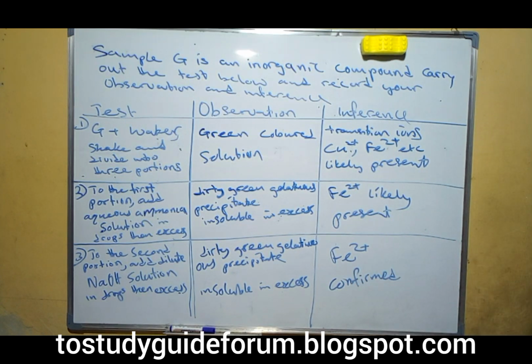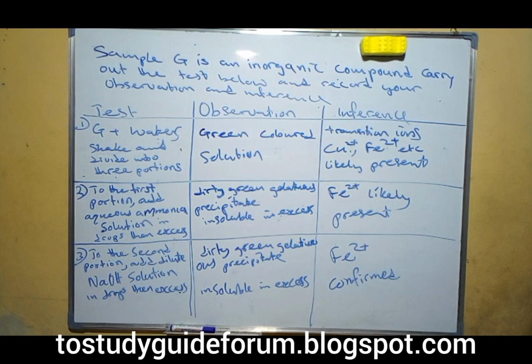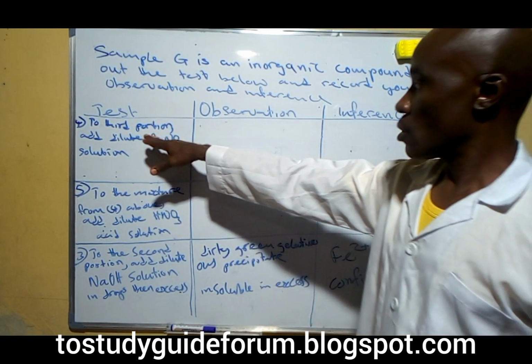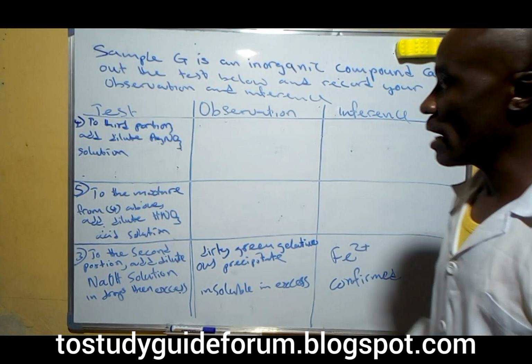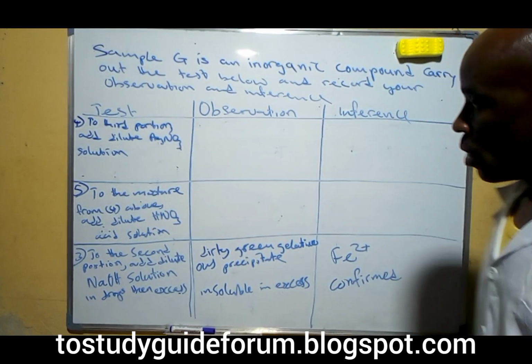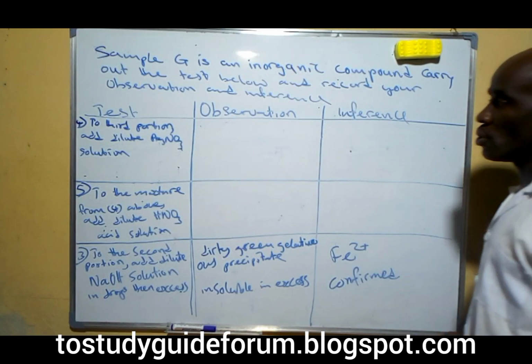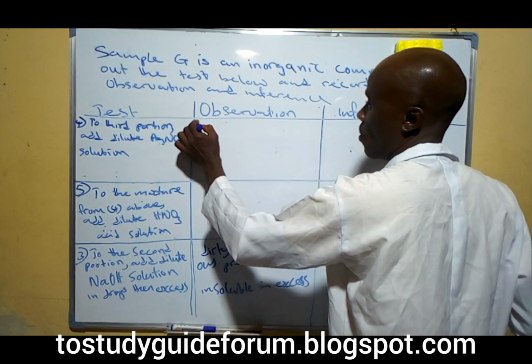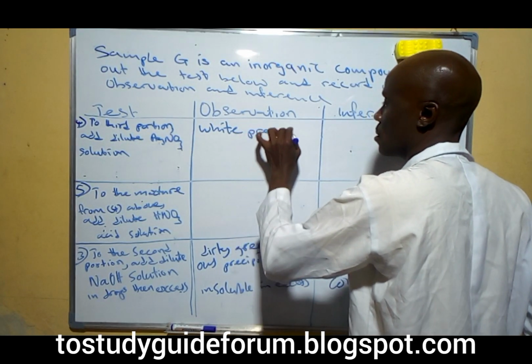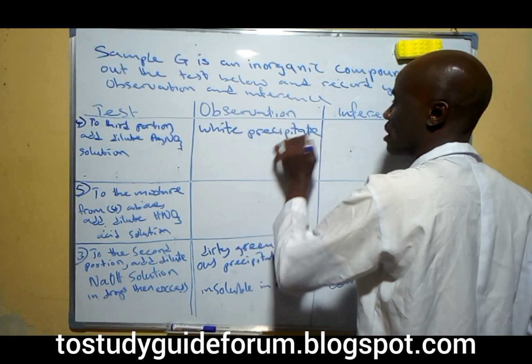The last one we're going to do is the third portion. To the third portion, we add dilute silver nitrate solution. On adding it, we have a white precipitate.